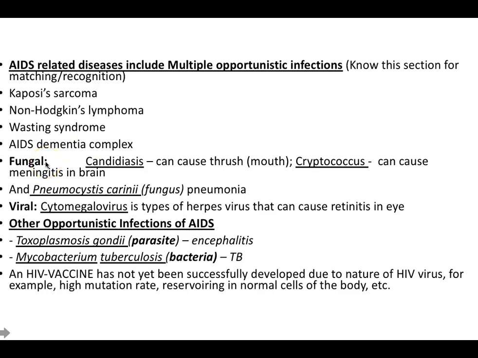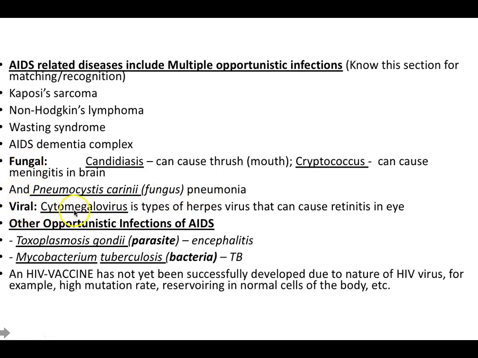The opportunistic organisms, fungal: candidiasis and cryptococcus. Candidiasis causes thrush, cryptococcus, meningitis. Another fungal is Pneumocystis carinii, which causes fungal pneumonia. That's fungal.